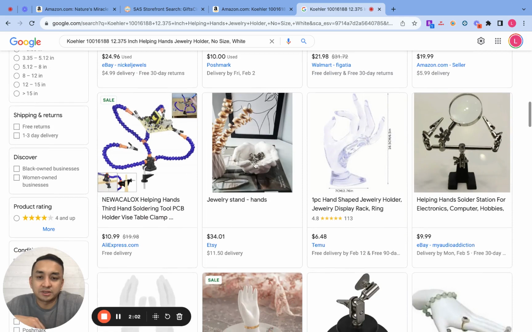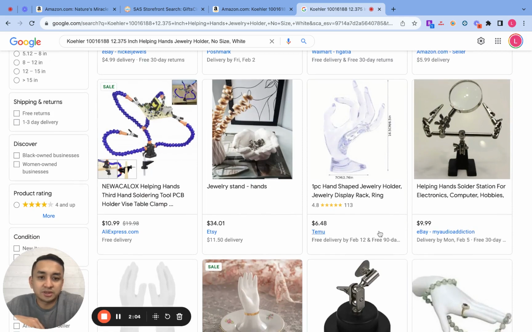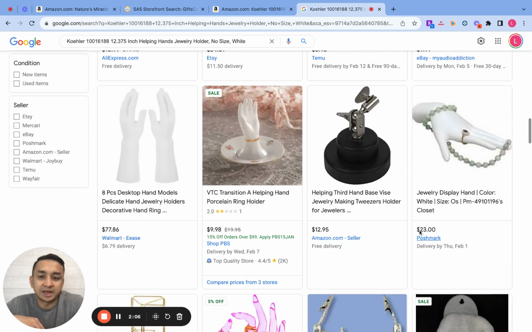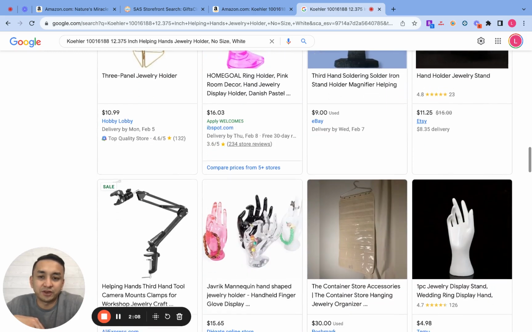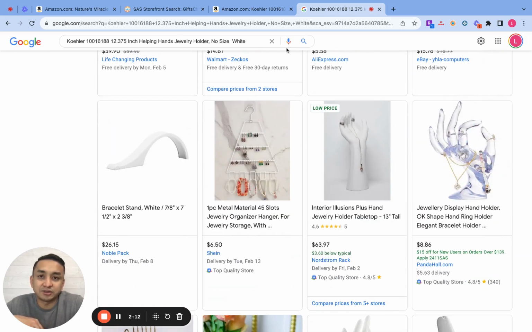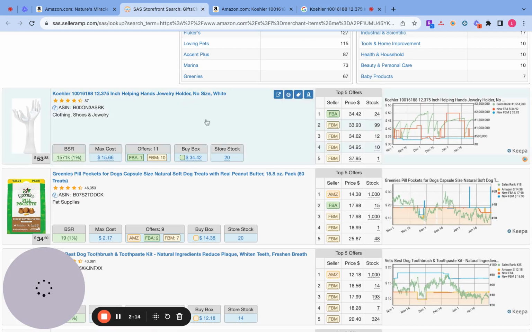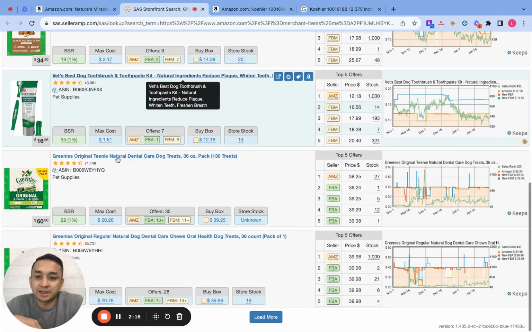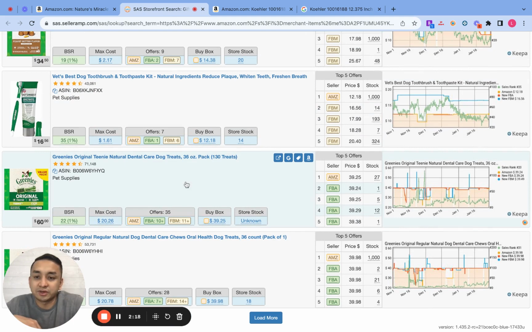This one is not the same product. I usually go through a few products, a few pages, and if I don't see it, I usually skip it right away to save time. And then I keep going down the list, right? So again, max cost should be at least $10.